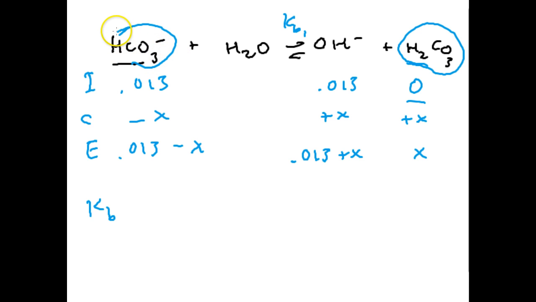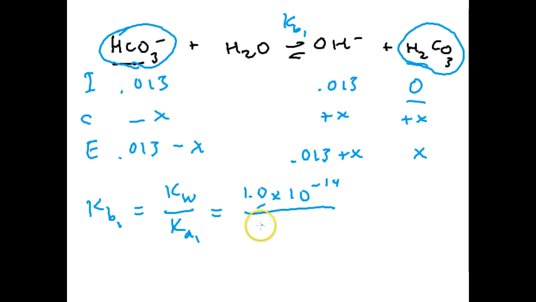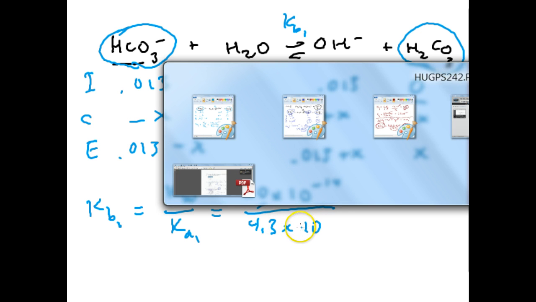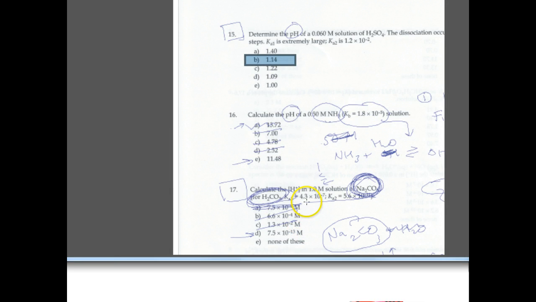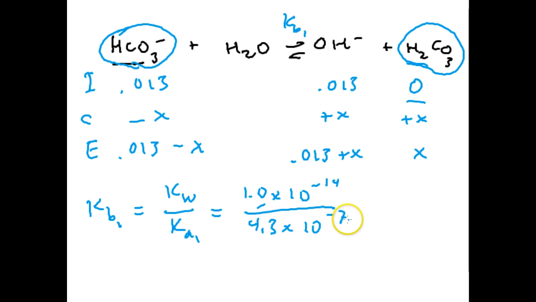So HCO3 minus and H2CO3 correspond to Ka1 and Kb1. That is equal to Kw over Ka1, as shown previously for Kb2: 10 to the negative 14 over 4.3 times 10 to the minus 7. I'll do that on the calculator, if it's still here, which it's not, sorry.